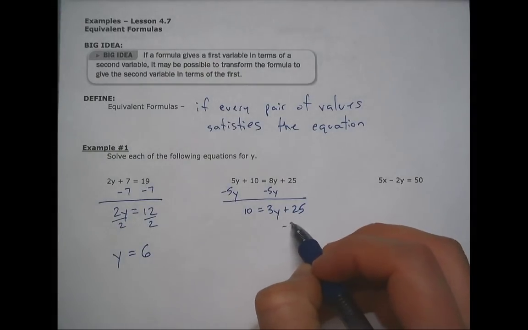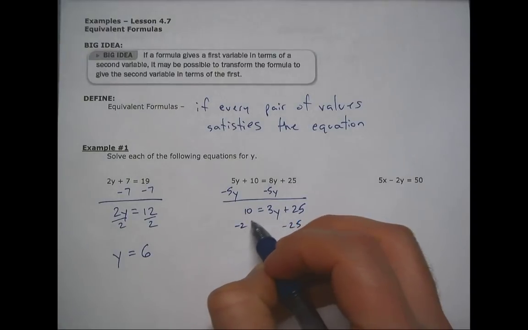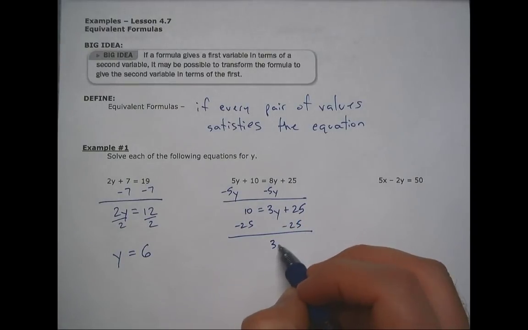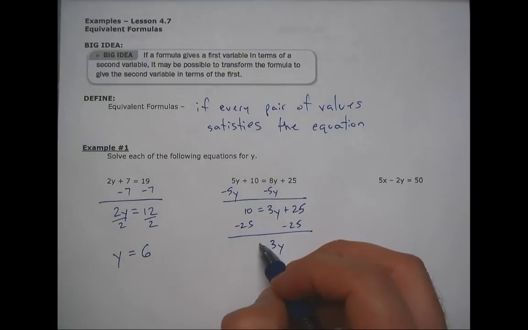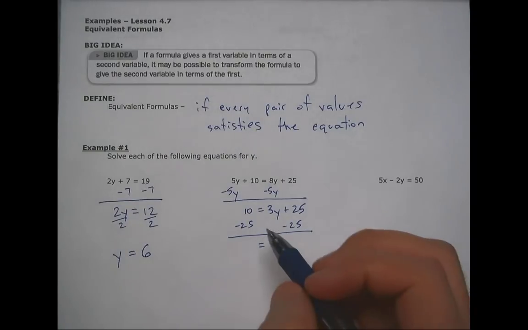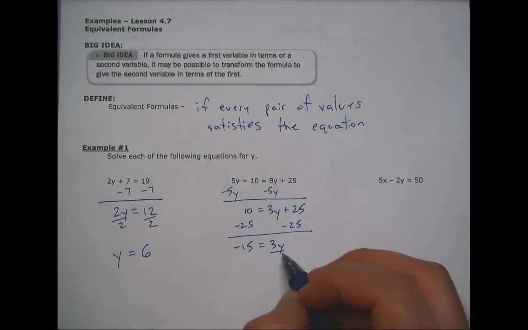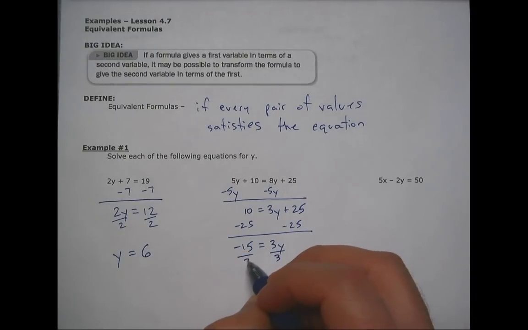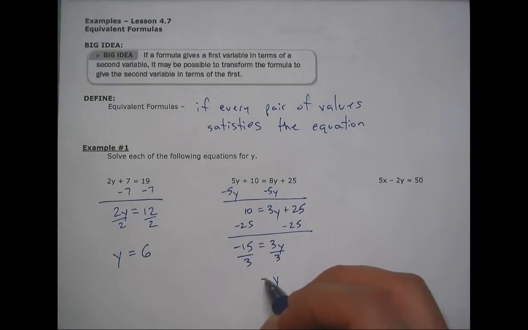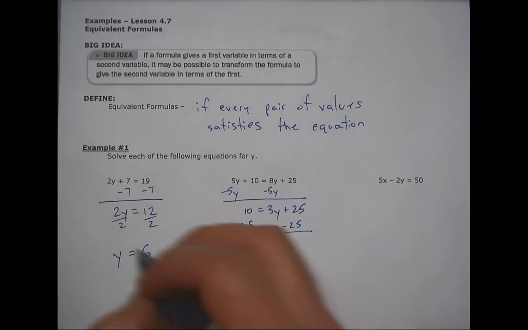A plus 25, I subtract it, leaving me just the 3y. So even if it's on the right side, I'm moving everything away from it. 10 minus 25 is negative 15. This is times, so I divide. Anything divided by itself is 1. And over here I get negative 5.